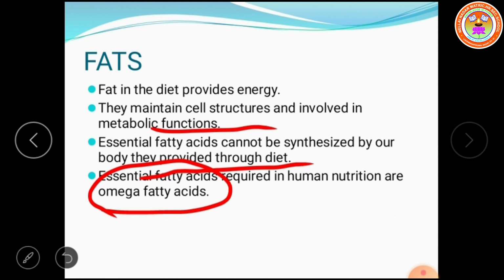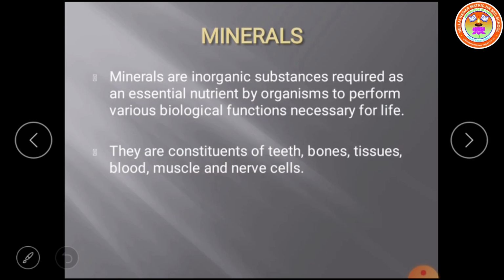Then we come back to the minerals. Fats, proteins, and carbohydrates are organic substances. Minerals are generally inorganic substances, but they are required by our body as essential nutrients to perform various biological functions.